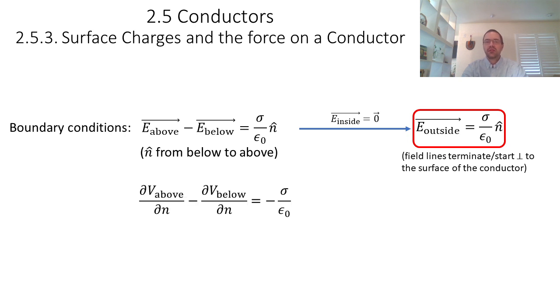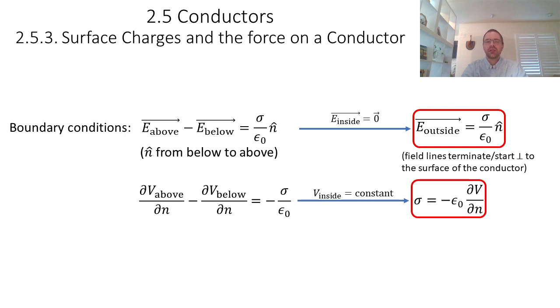And if instead you know the potential, then you can use the boundary condition for the potential that we saw last time. Remember that we saw that dV above dn minus dV below dn is equal to minus sigma over epsilon naught. So since the potential inside is constant, then its variation along n is 0.